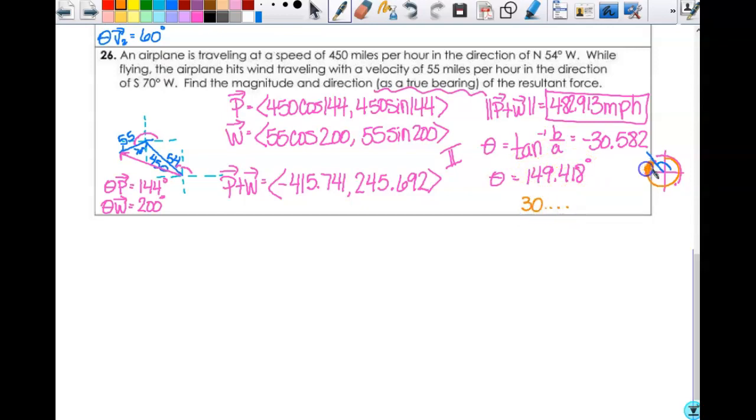That's this part. I add that to 270, and my true bearing is 300.582 degrees. There you go. If I had needed a quadrant bearing, then I could have just subtracted 90 from this and done a north, whatever, 59 degrees west. But there's your true bearing. Make sure you know the differences between those.